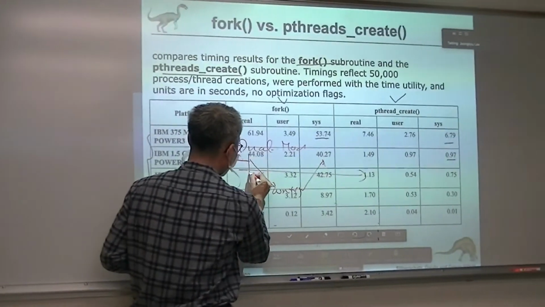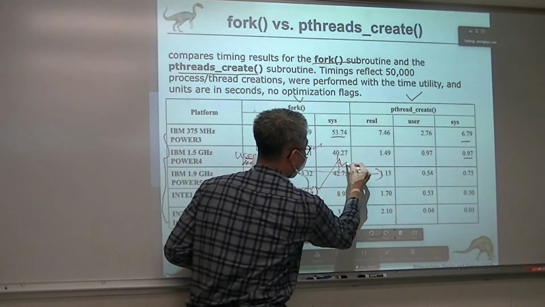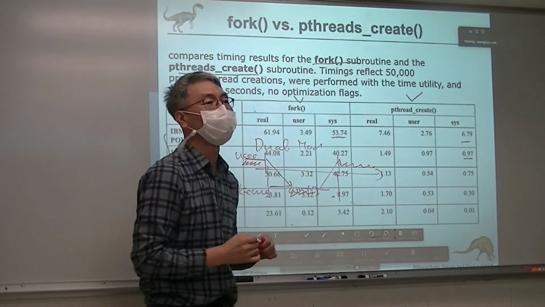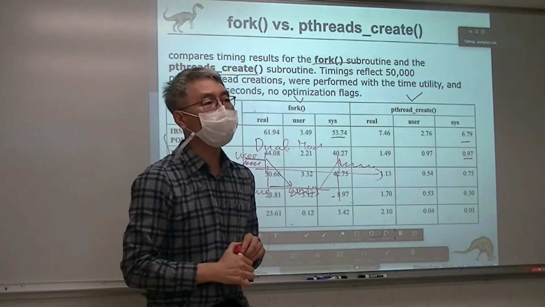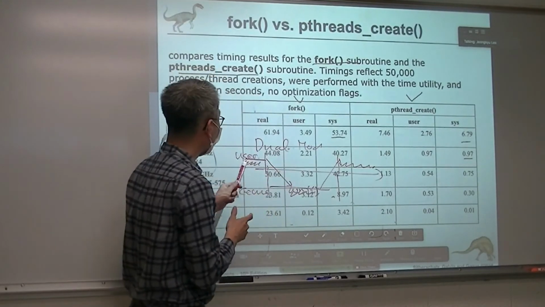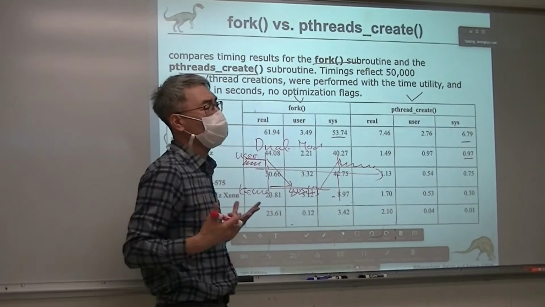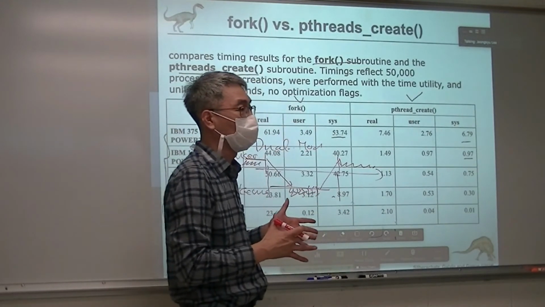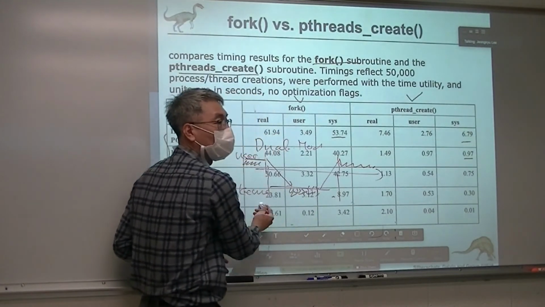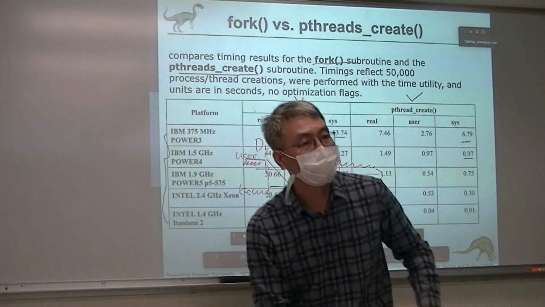So this time is the user time, and this time is the system time. I see. So when you assess your system, you need to figure out whether my system is slow because of the user mode or because of the system mode. So how do I check?